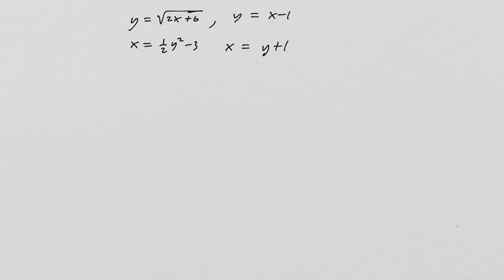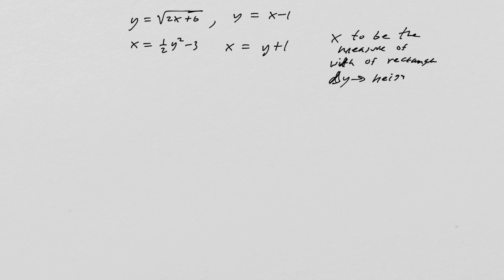Okay. And really what we're going to take here is x to be the measure of width of the rectangle, and then delta y will be the height of the rectangle.